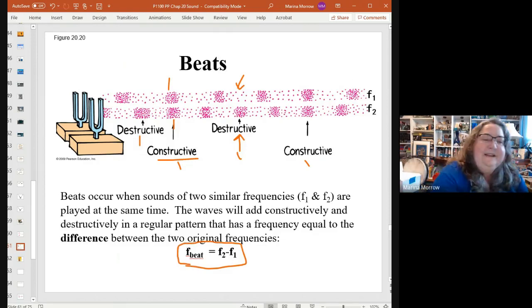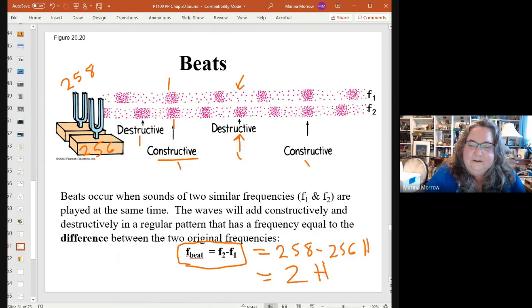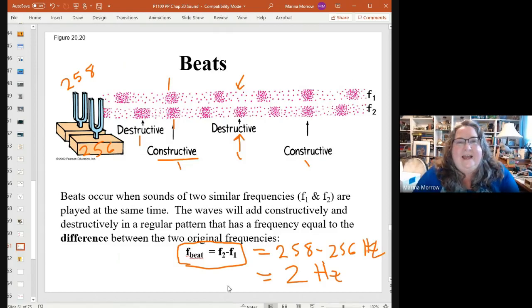So if one of these tuning forks is 256, middle C, and the other one is 258, then I can take 258 minus 256, and you will hear a sound of 2 hertz. And that's the beat frequency.